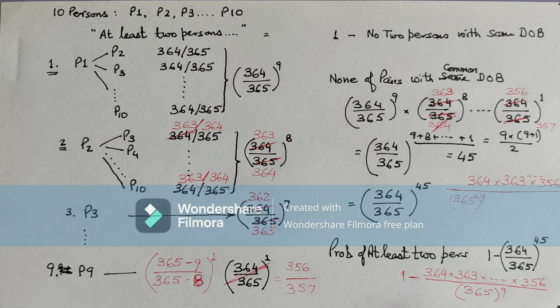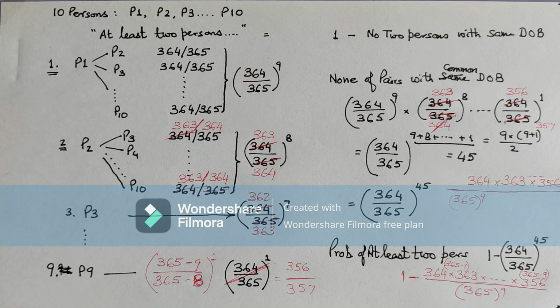So I claim that this should be the correct probability of at least 2 persons having the same date of birth. How many terms are there here? 364, 363, and this is 365 minus 1, the first term, and the last term is 365 minus 9.